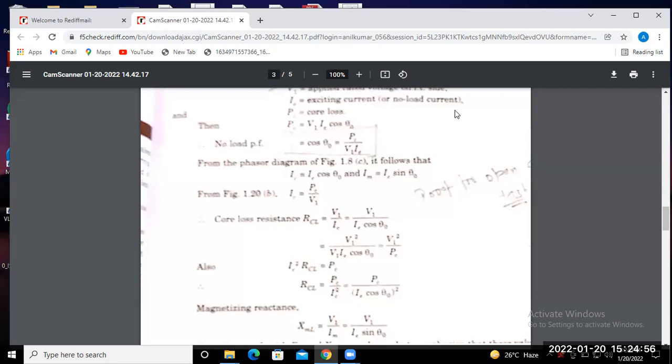Okay, because this test is performed at the rated voltage, so you have to perform it on the LV side and the HV side is kept open. So all the instruments and supply you have to give through the LV winding. And what is the procedure for performing this test? If you connect all the instruments, then what is the procedure?